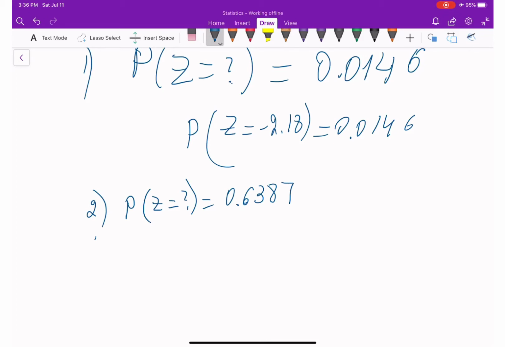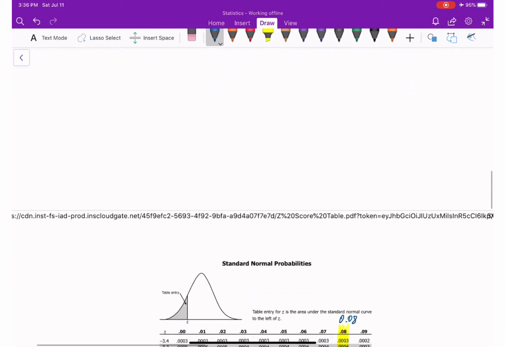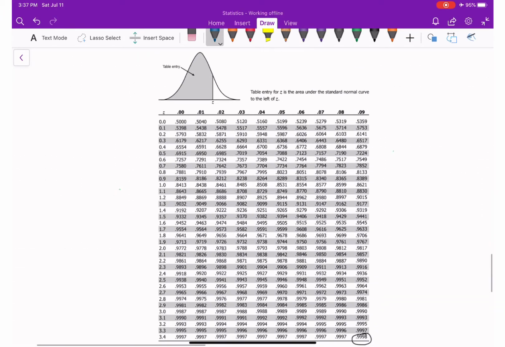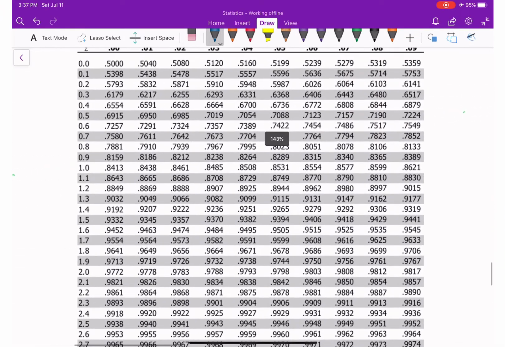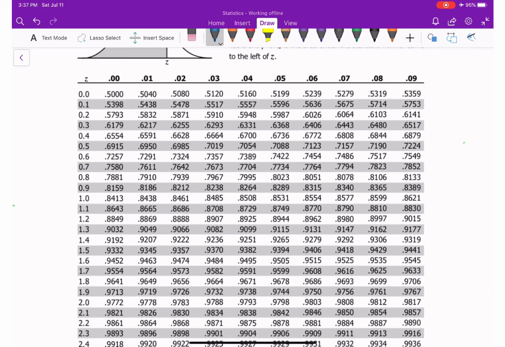Of course, positive z-score, because it's greater than 50%, right? So let's find 6387 in the positive table. 6387. I'm looking at 63, 80 is 68. Let me see. 6387.